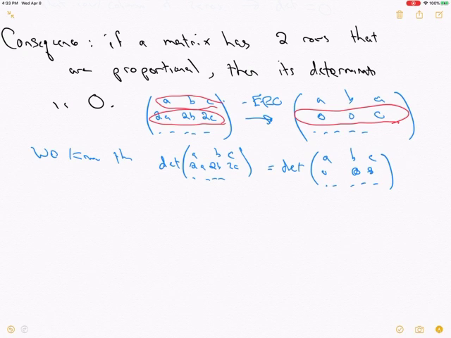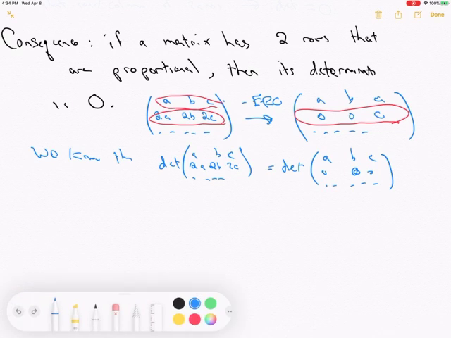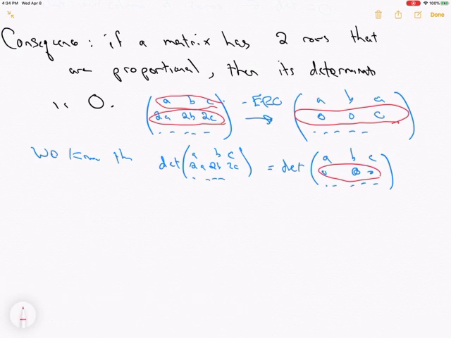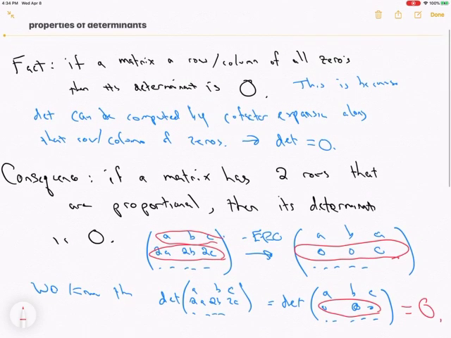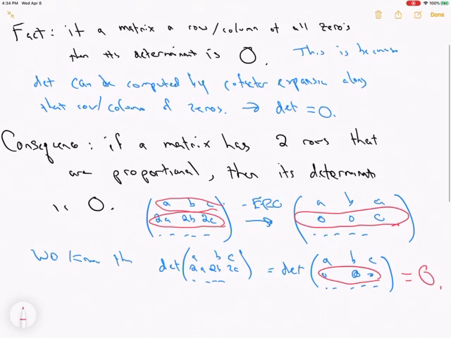And so, since we end up acquiring a row of all zeros, we see that this determinant is indeed 0. So these are important things for you to recognize. If you have a row or a column of all zeros, then the determinant is 0. If you have 2 rows that are proportional, then the determinant is also 0.